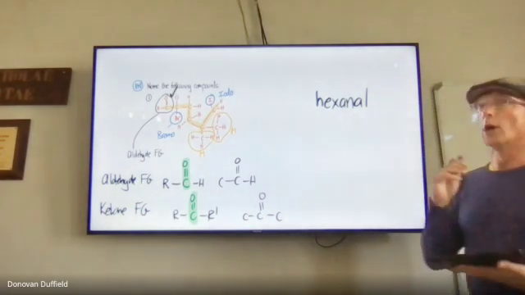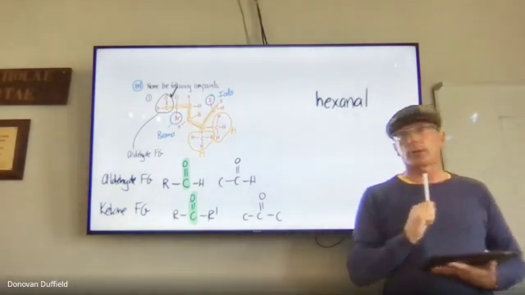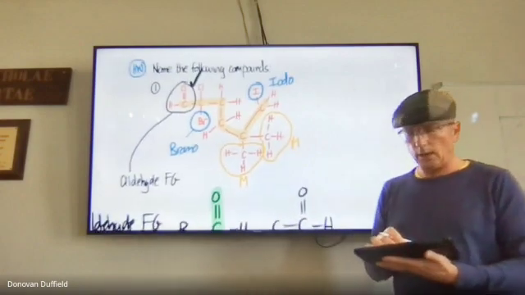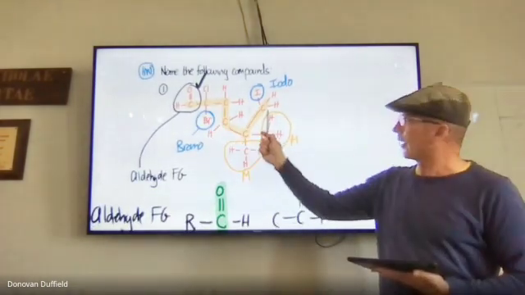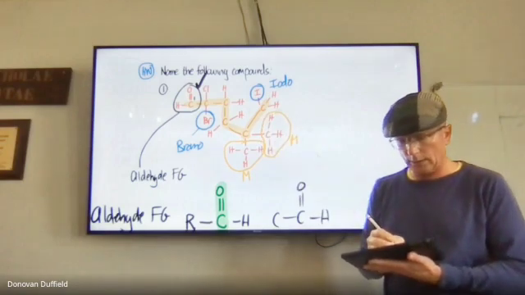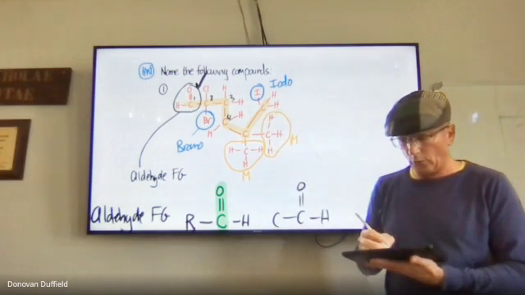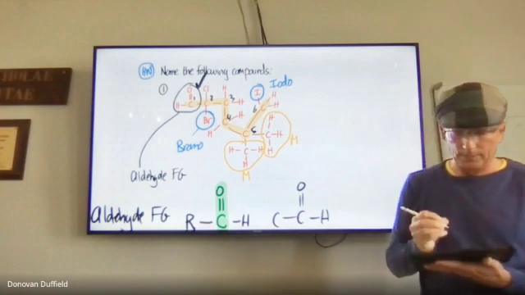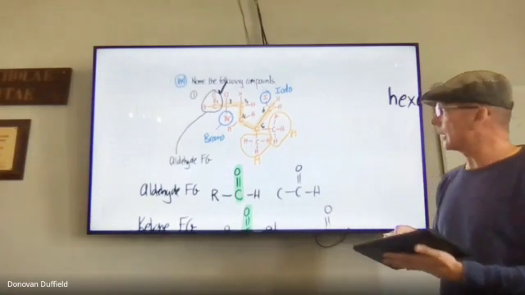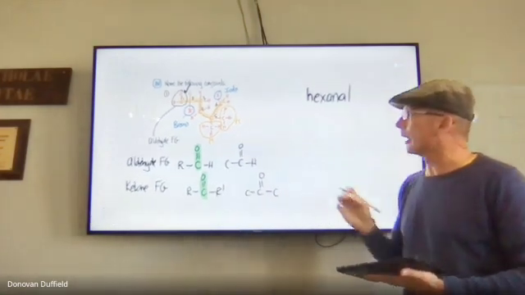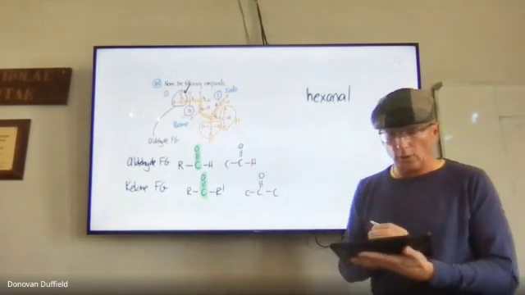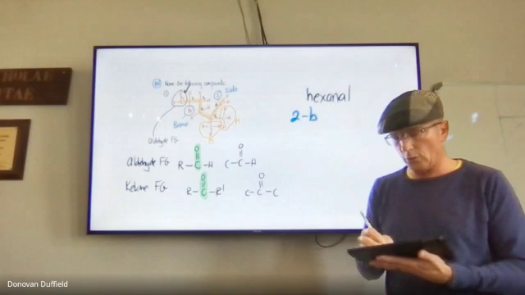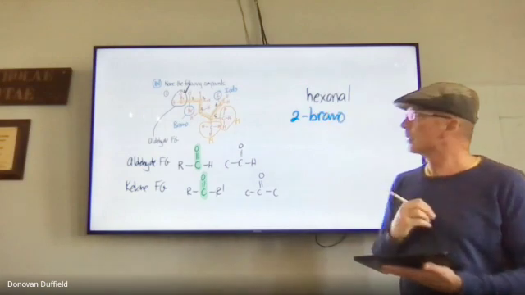Okay, now we need to number the carbons. 1, 2, 3, 4, 5, 6. Right, so now that we've got that, we can see that bromo is on carbon number 2. So this is 2-bromo.